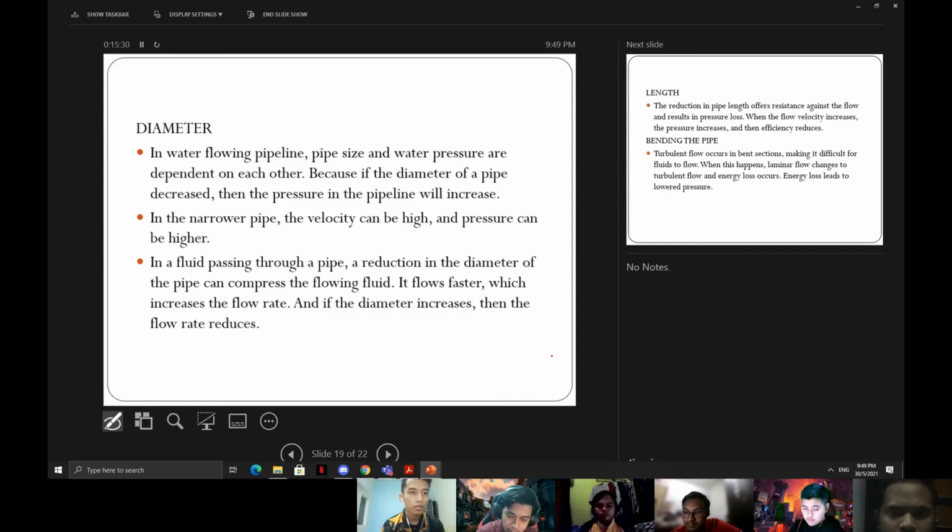So in a narrower pipe, the velocity can be high and the pressure can be higher. In a fluid passing through a pipe, a reduction in diameter can compress the flowing fluid. It will flow faster, which increases the flow rate. And if the diameter increases, then the flow rate will reduce. Next.